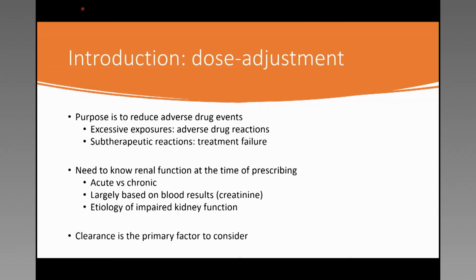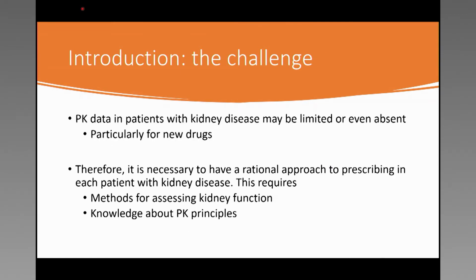But in some cases, it's also useful to understand the etiology of the impaired kidney function, because this may give insights in terms of changes in pharmacokinetics, but also whether or not there's going to be progression and changes. And when we're thinking about pharmacokinetics, we're thinking about clearance, because this is the primary factor that relates to the maintenance dose.